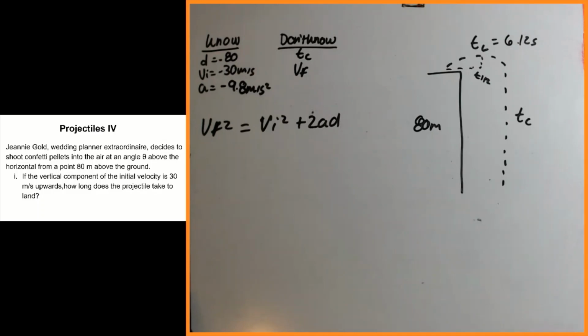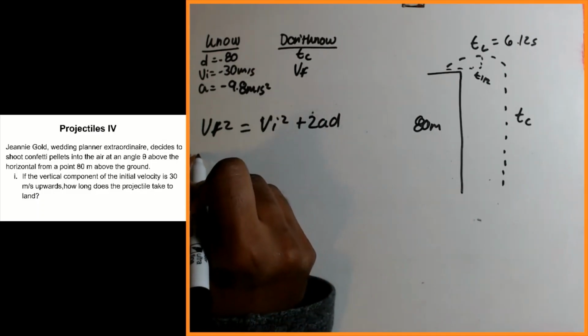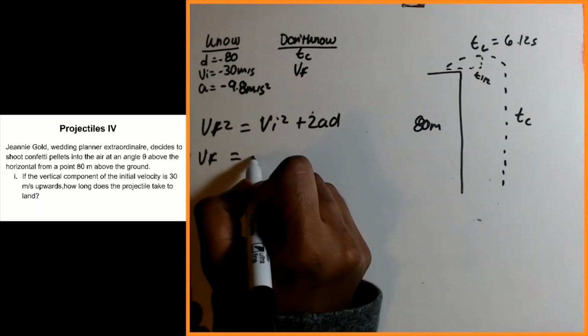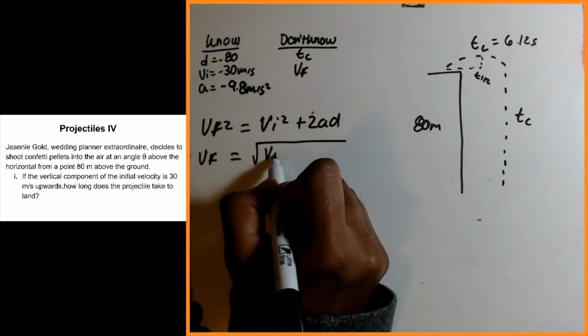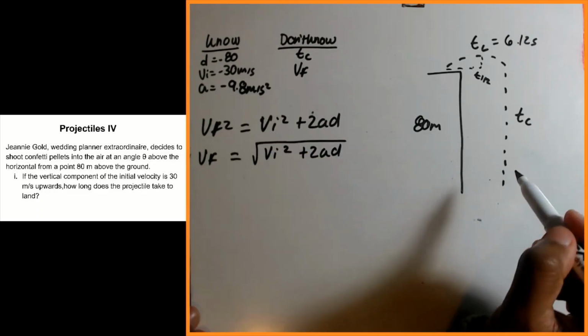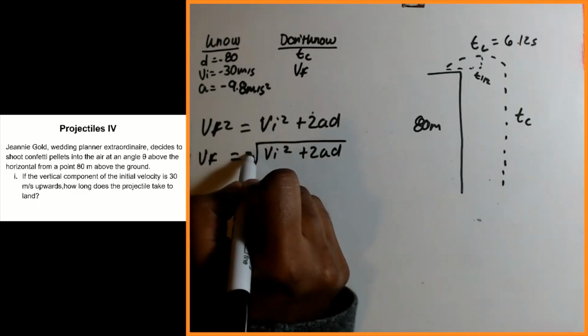We can solve for VF by taking the root of this, so it's going to be the square root of VI squared plus 2AD. Because it is pointing down, we're going to take the negative root.